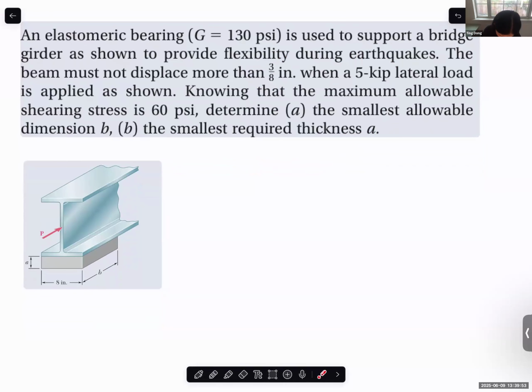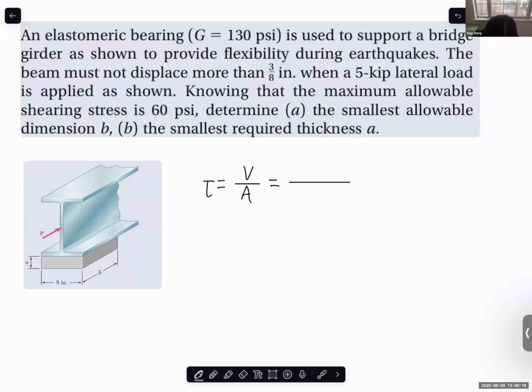So first, again, based on the shear stress threshold value, we can have an equation: tau equal to shear force over A. And this one should be lower than 60.